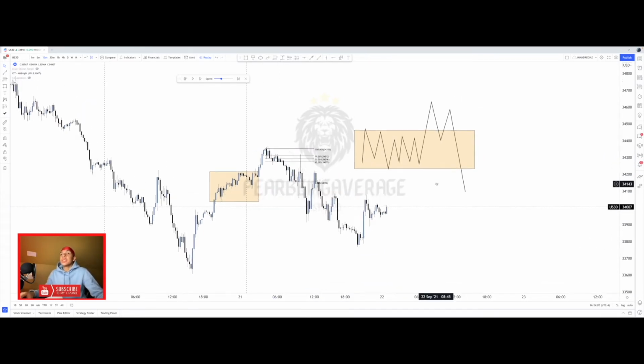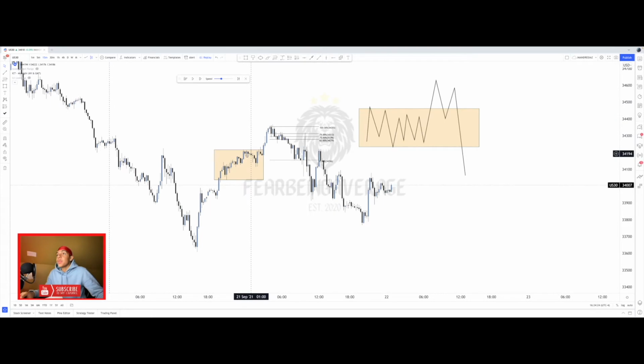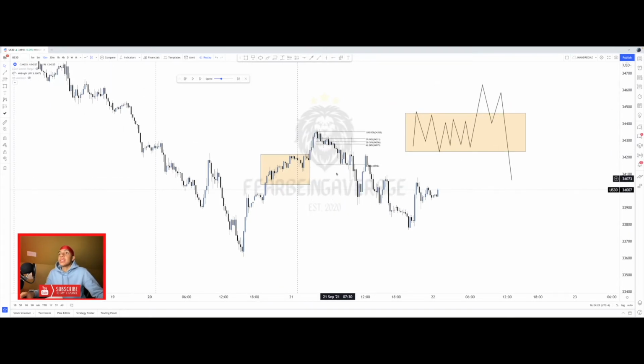So this is an example of a New York reversal. If this was an example of a London continuation, this last leg wouldn't have happened here, and price would have more than likely continued to go higher. But in this case, New York session had a reversal, and in this day, we took out the Asian highs and the Asian lows. So this would be an example of a New York reversal.